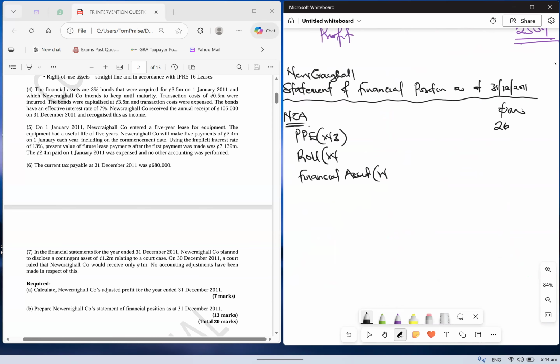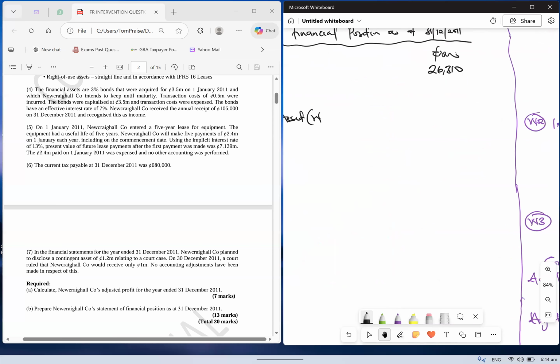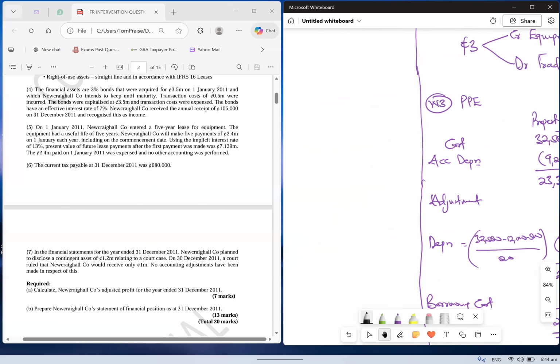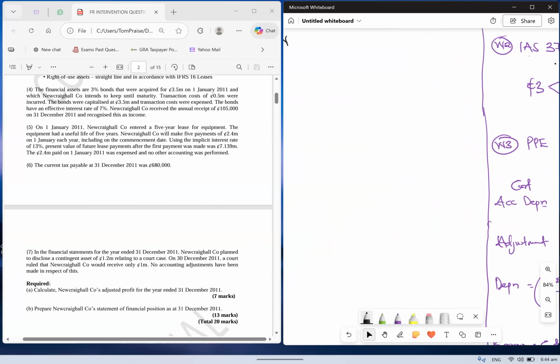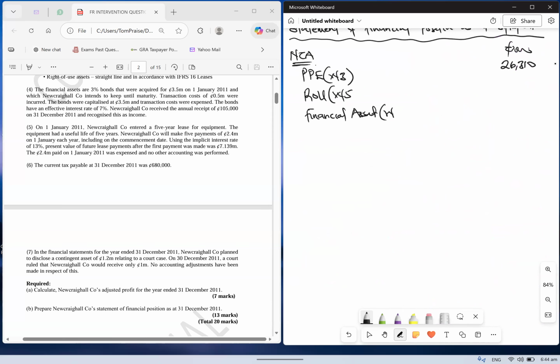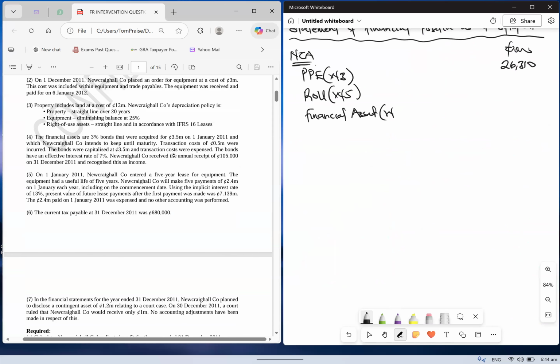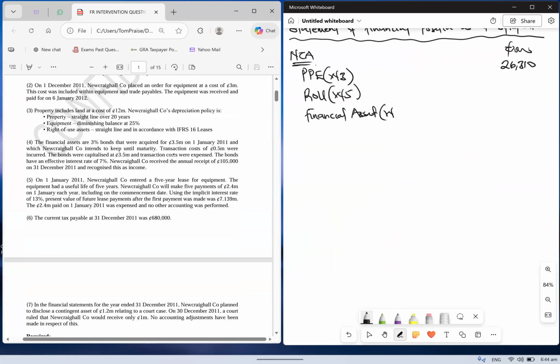All right, then the right of use was workings number 5. Then the financial asset was workings number 4, right? What is this?